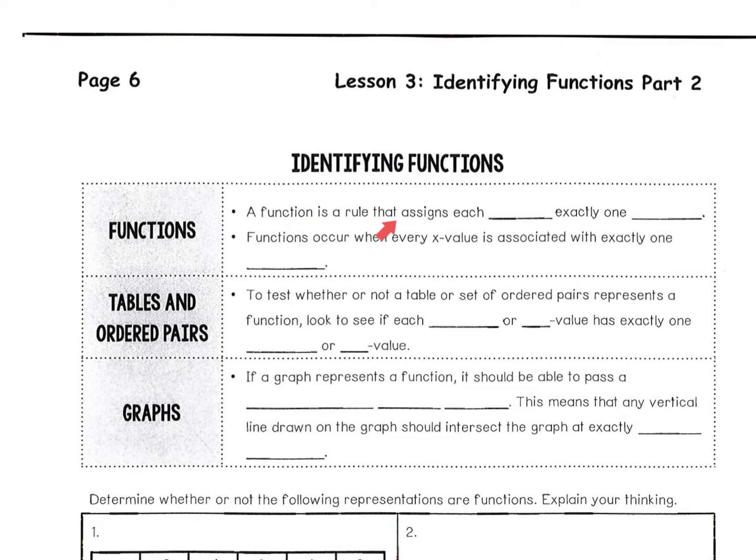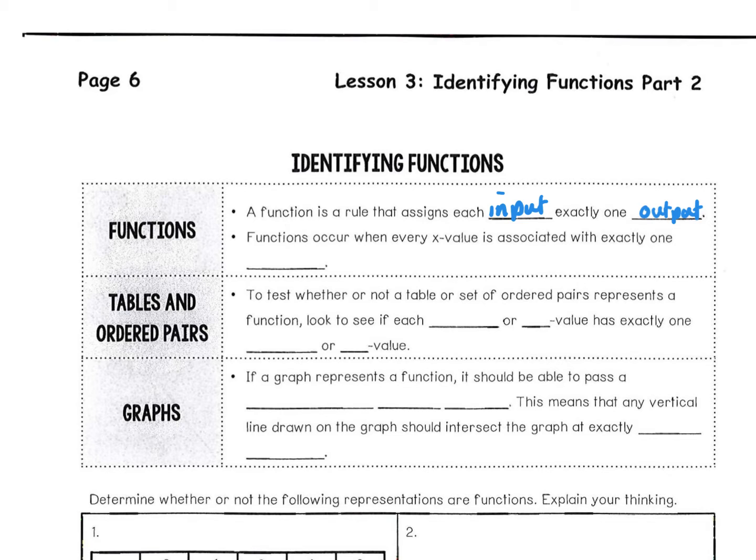A function is a rule that assigns each input exactly one output. So let's write that. So for instance, if the input was 3, it can only be matched with one other number.